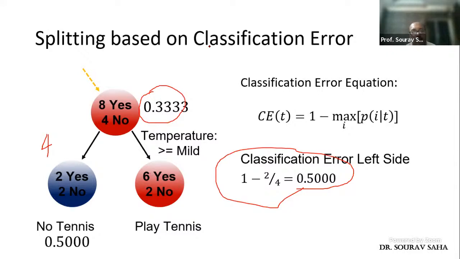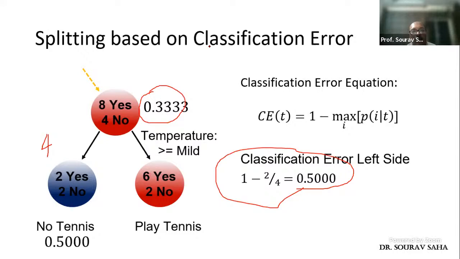1 minus the maximum of the proportion of the classes which are there. In this particular case, 1 minus the maximum of 6 by 8, comma 2 by 8, which is basically 1 minus 6 by 8. The answer is 2 by 8, or 1 by 4, or 0.25. People who have not got 0.25, I'm sorry, I think Raj, you made some mistake. I overlooked that.